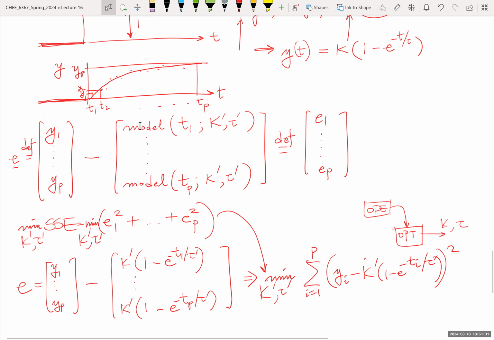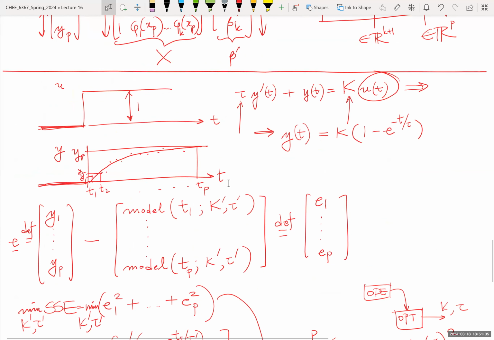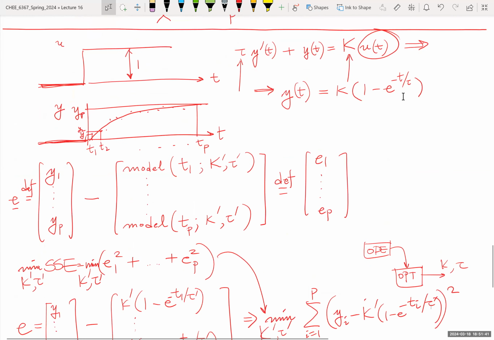B, when we write a model, we don't have to rely on software alone. We can rely on an explicit formula, which is not the norm. Most of the time when we have nonlinear models, nonlinear effect of input and output, we don't have an explicit formula, but here we do.